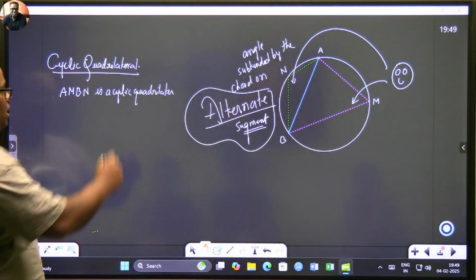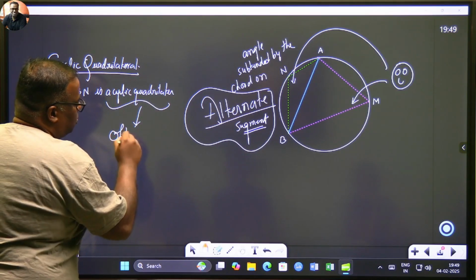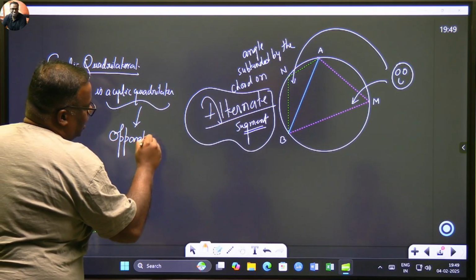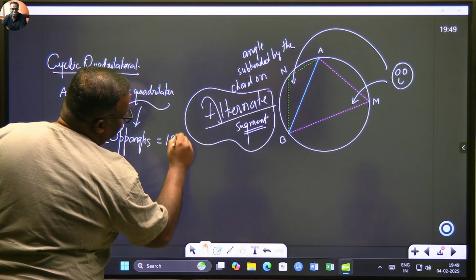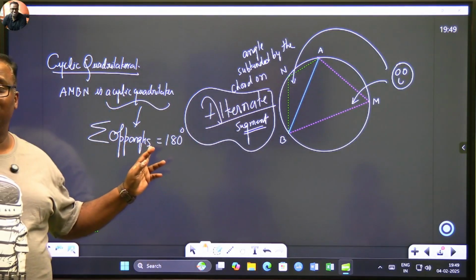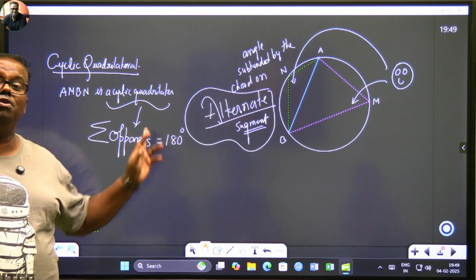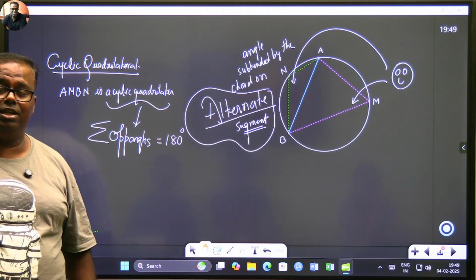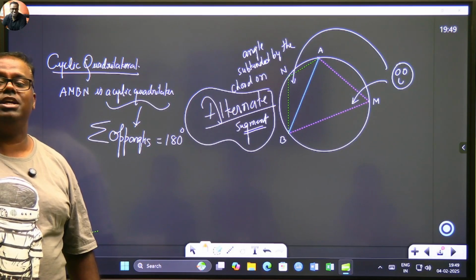And in a cyclic quadrilateral, we have a special case that the sum of opposite angles is equal to 180 degrees. The opposite angles are supplementary. Now wait, in a generic quadrilateral, the sum of all the angles is 360 degrees. There is no written rule that the opposite angles should be 180.